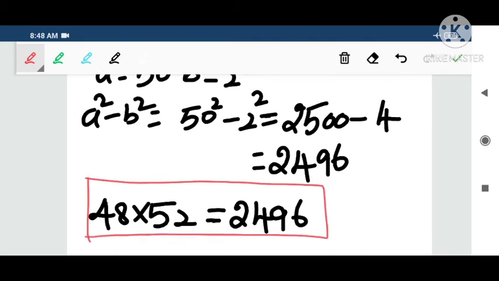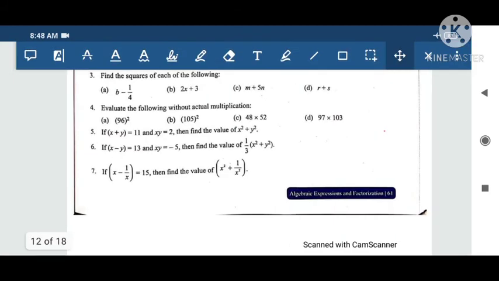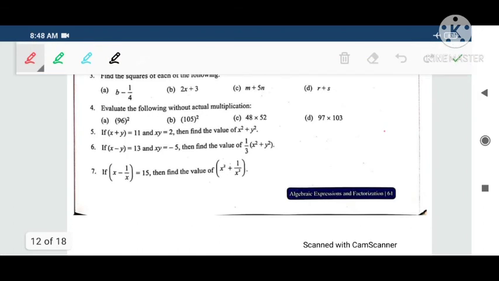Okay, next we move on to question number D. You need to do it as homework. It is 97 and 103, approximate value. The nearer value is 100, and you're supposed to observe which one is less than 100, which one is greater than 100, and which identities you're supposed to use.